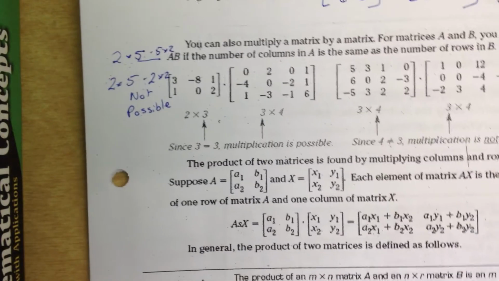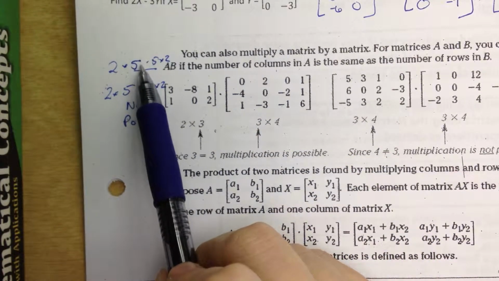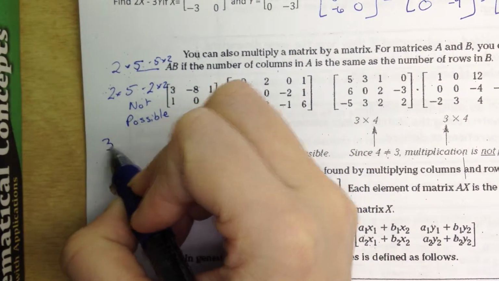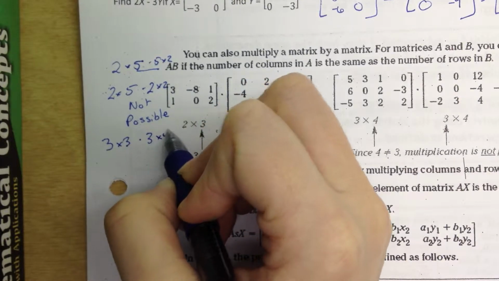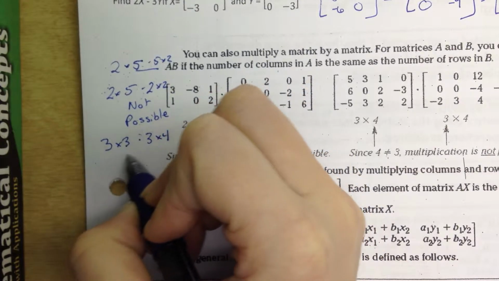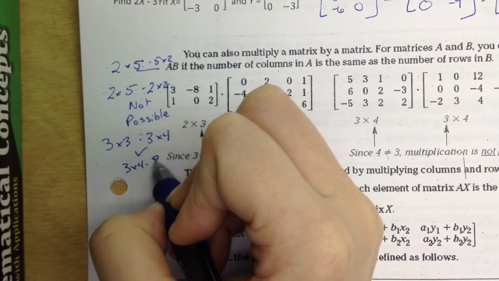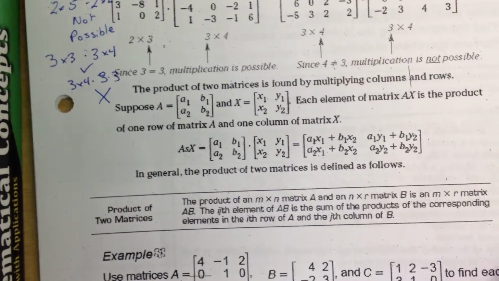Now what you may have noticed is that this makes them not commutative. You can do a 3 by 3 multiplied by a 3 by 4, but not a 3 by 4 and a 3 by 3. That's not possible. So they can only go in a certain order.